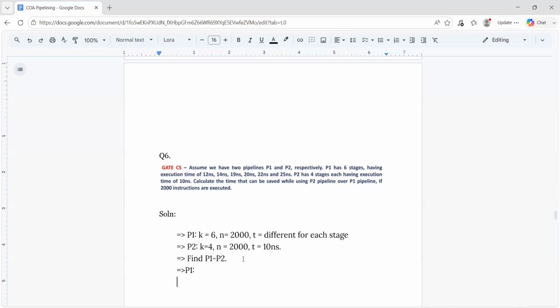So first, we are having P1, and since both are pipeline, it is not necessary to find the time for non-pipeline case. So we only find the time for pipeline, and in the first case, since all the times are different, we'll be using that formula where it is actually the sum of the times plus n minus 1 into the time of the slowest stage.